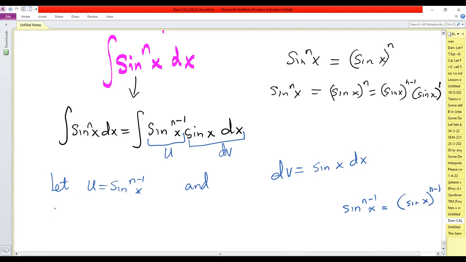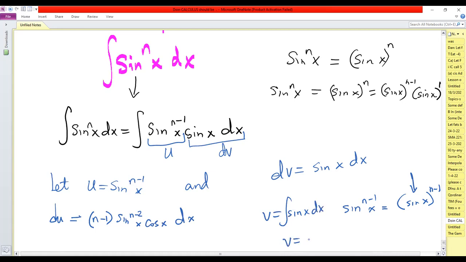So to get du here, we use differentiation by chain rule. So drop the power, we have n minus 1, subtracting 1 from the power, we get sine power n minus 2 x. And then differentiating inside the sine function, we get cosine of x and then dx. And to get v here will be the integral of sine x dx. And we know the integration of sine function is negative cos function.